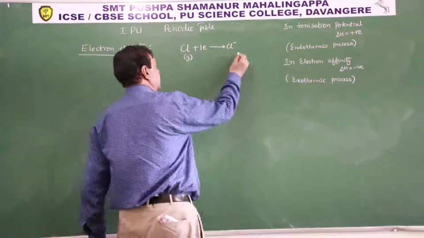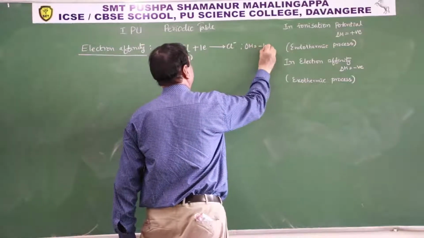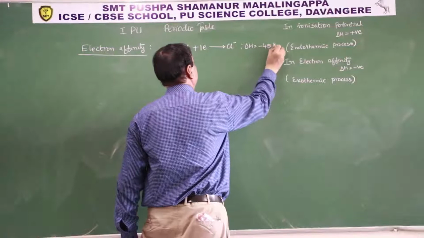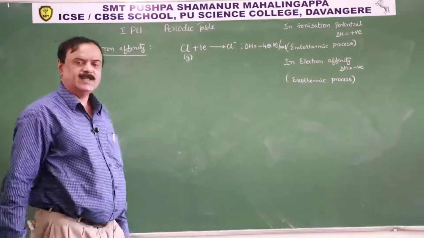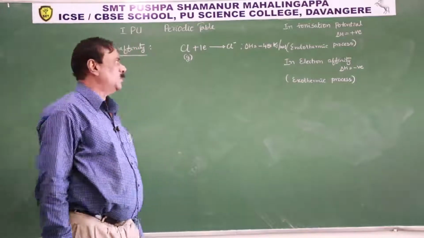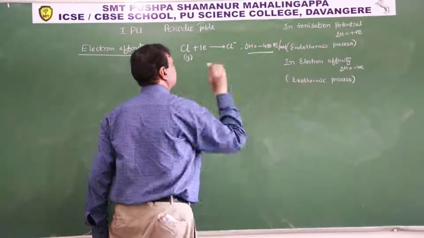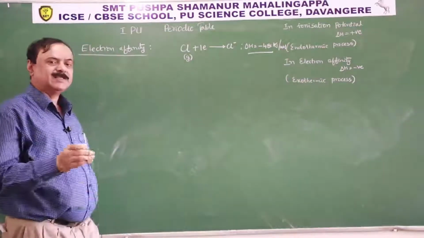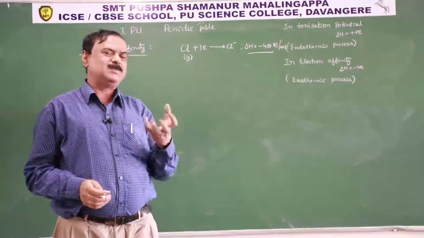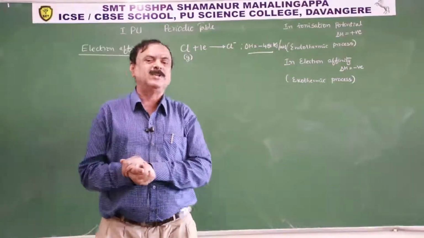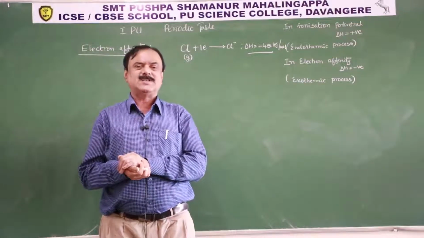Here Cl minus, delta H is equal to minus 481 kilojoules per mole. If the energy released is higher, then the energy possessed by the species would be minimum. In such cases, the anions are more stable.